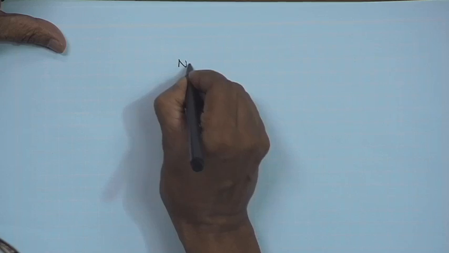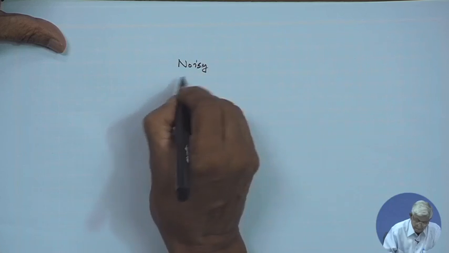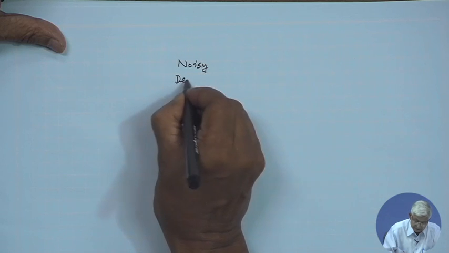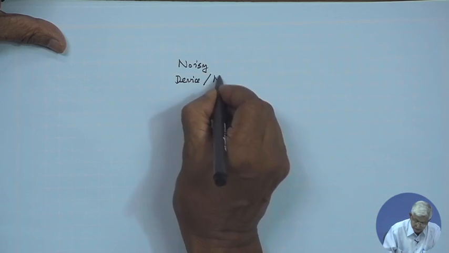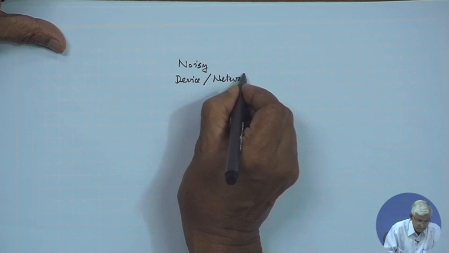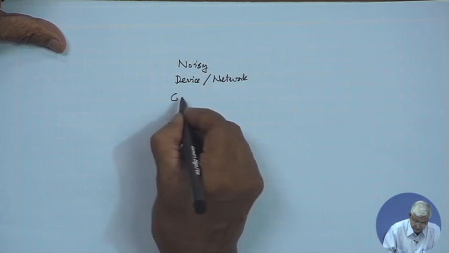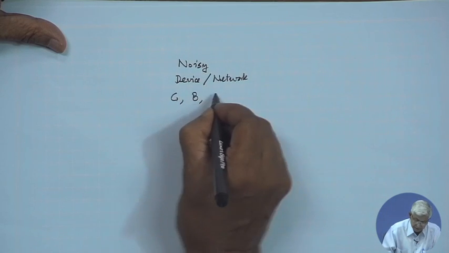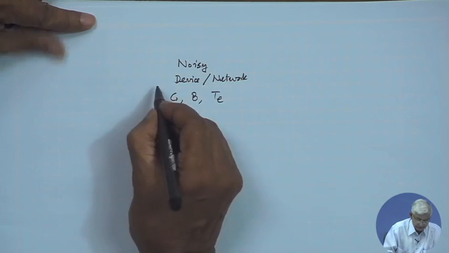Now, let us try to calculate this noise figure in terms of noise temperature. So, there is a noisy device or network which is having a gain G, bandwidth B, and effective noise temperature Te.